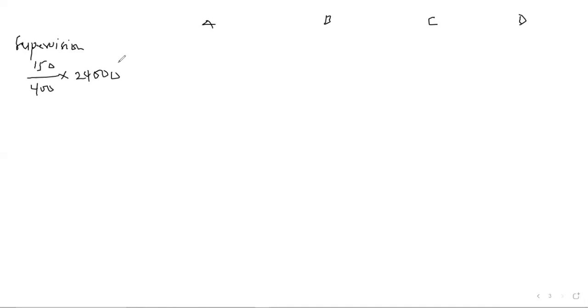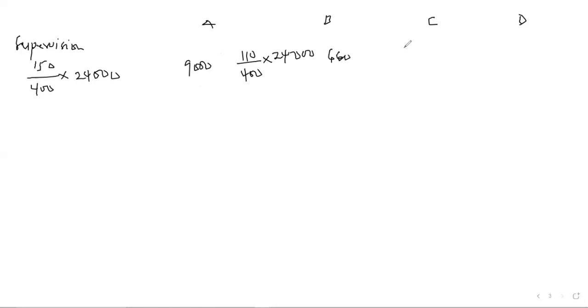That'll give us 9,000 for department A. Then we move to department B, which is 110 divided by 400 times 24,000, and that'll give us 6,600.